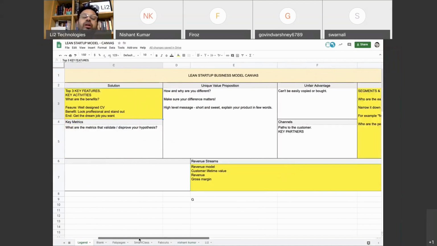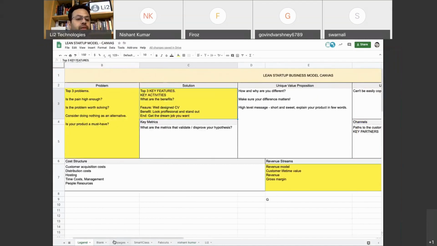So cost structure and revenue streams should be filled out. Most of the time, people forget that entrepreneurs are everywhere. So you go and start building the cost structure within yourself. That's not important. You're building partnership networks, your channels become important, and that becomes your cost. That becomes lean because you're fast.